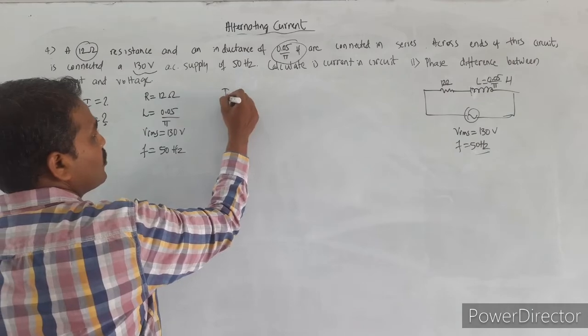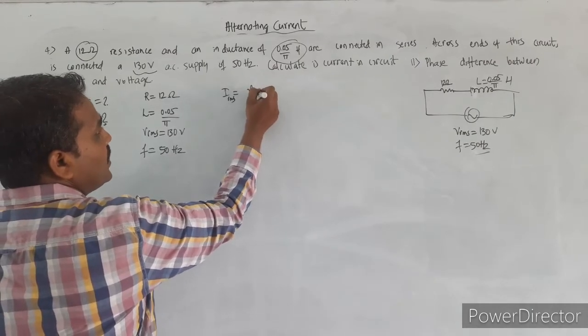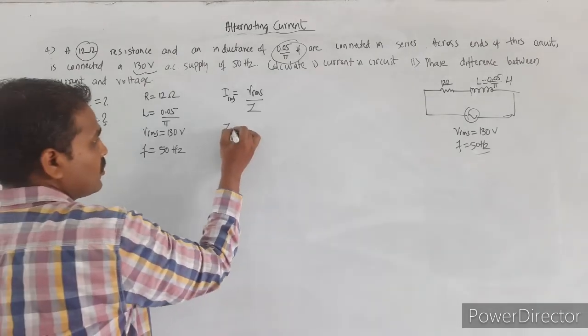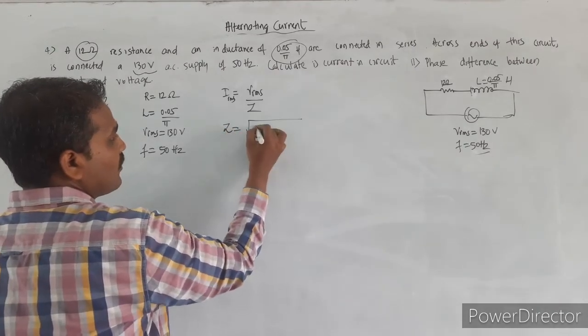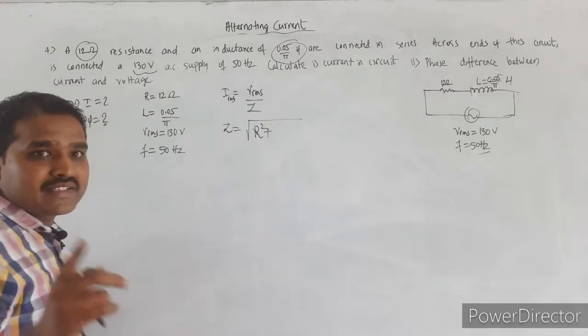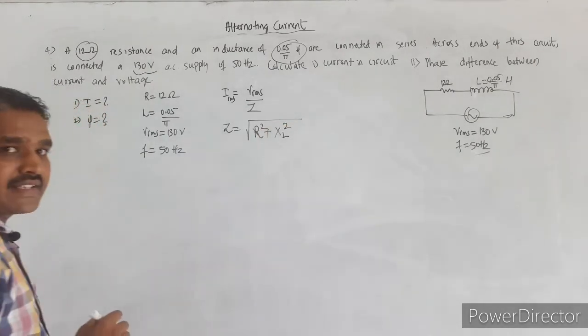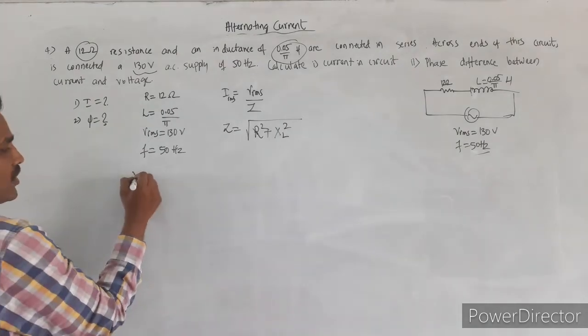We know current Irms is equal to Vrms divided by Z. Yes, but Z is equal to square root of R square plus XL minus XC whole square. We don't have a capacitor, so simply I write it as XL square. Okay, and what is XL?